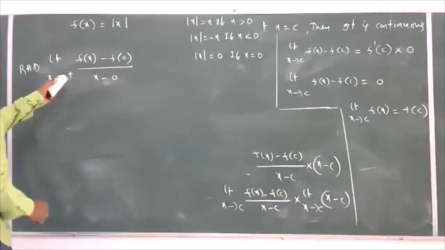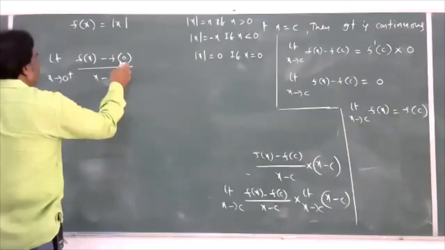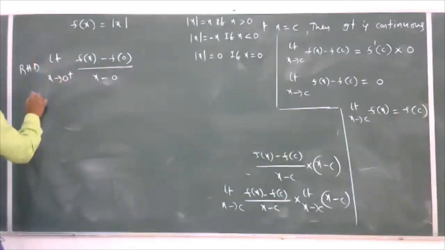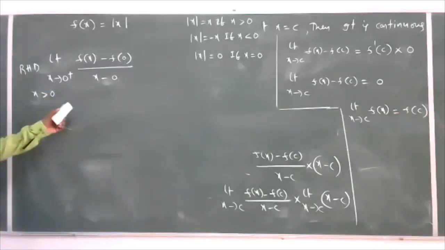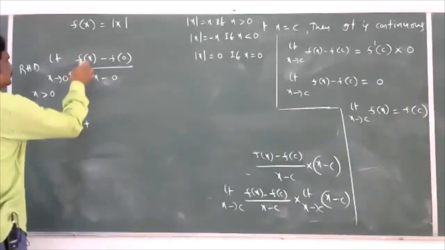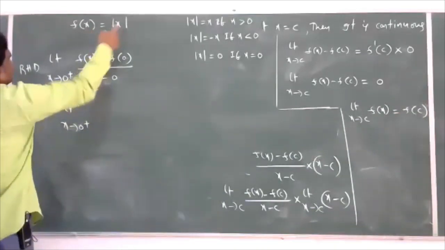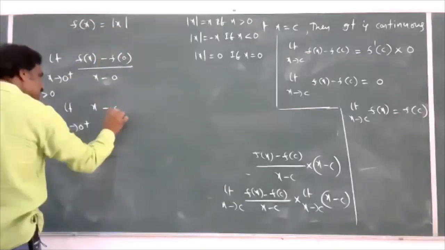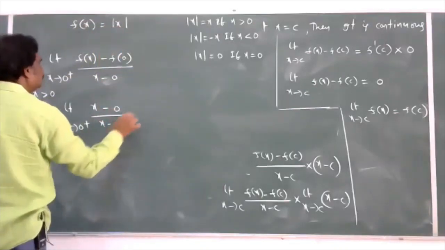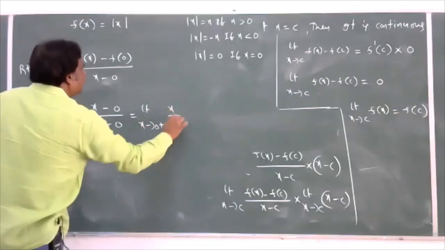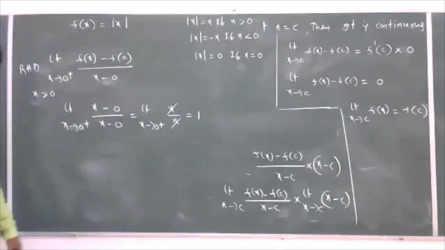That is limit x tends to 0 plus f of x minus f of 0 by x minus 0. X tends to 0 plus means x greater than 0. That's why mod x is equal to x. Limit x tends to 0 plus, here f of x is mod x is equal to x, minus f of 0 is 0, by x minus 0. Then you get limit x tends to 0 plus x by x, that is equal to 1.